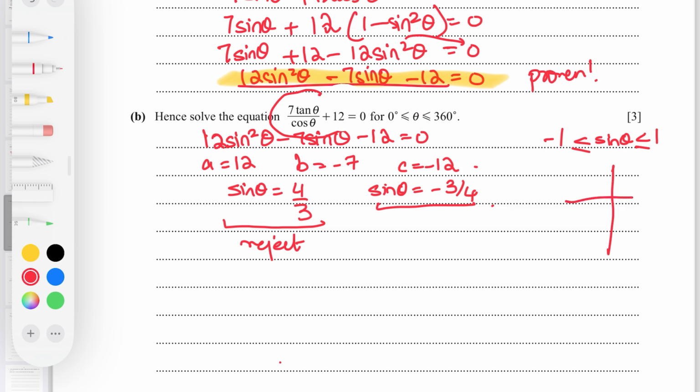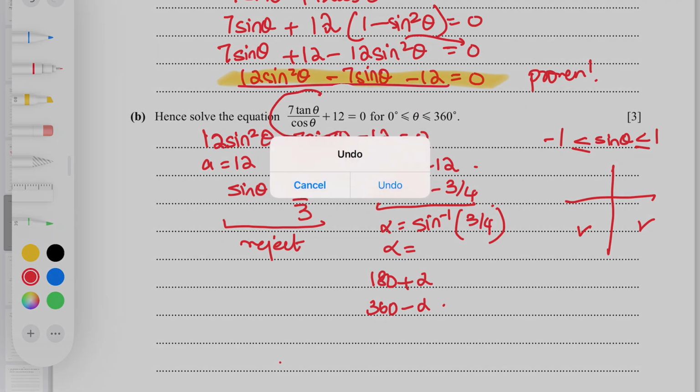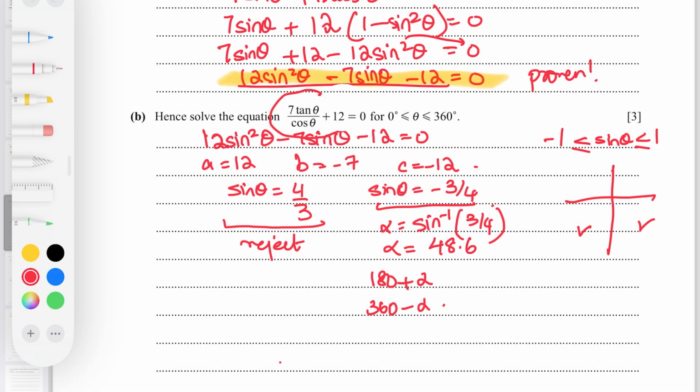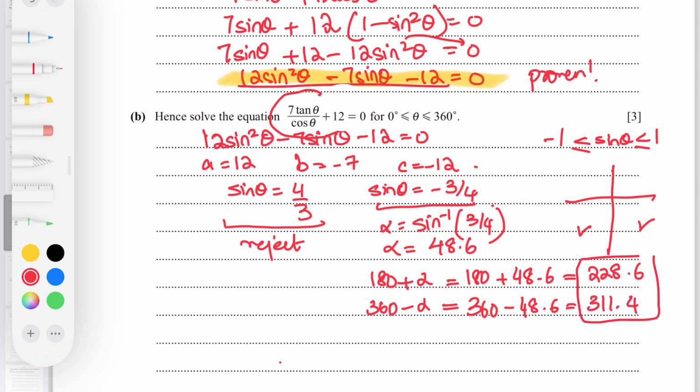A negative sign means it's the third and the fourth quadrant. And how do we find out the basic angle? So alpha becomes 48.6. This gives me 228.6, 311.4. So these are going to be my answers. Now let's move on to the next question.